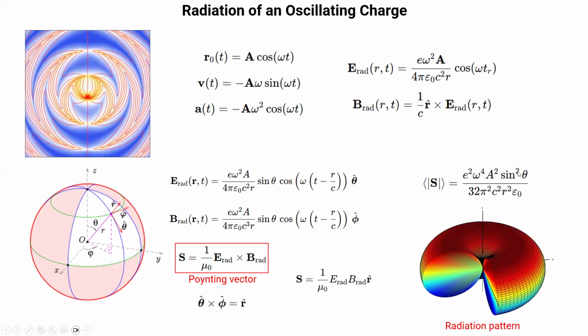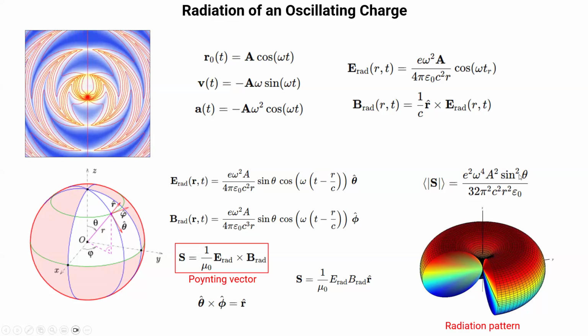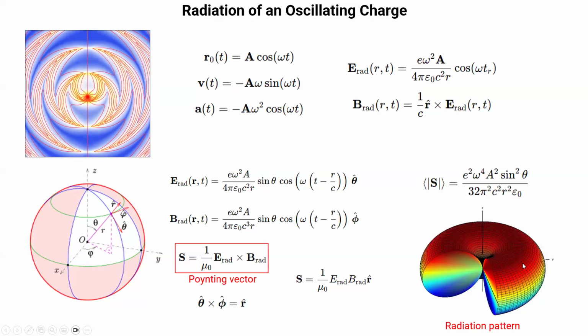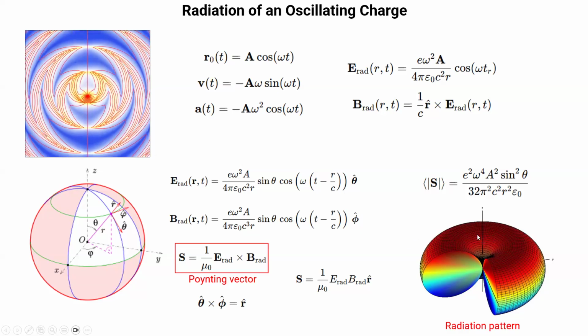This function depends on the direction theta as sine squared, which has a donut-like shape.